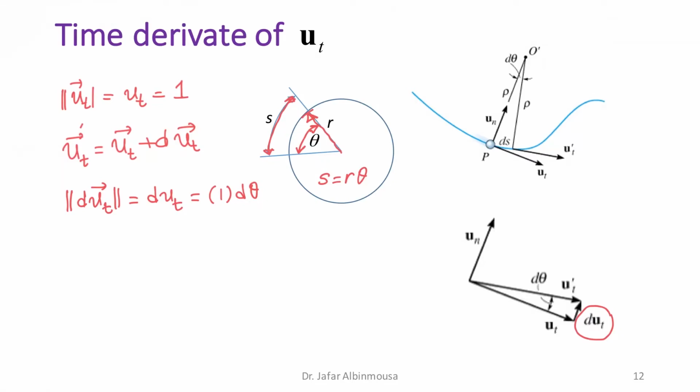Using the same analogy over here, the magnitude of du, which is the length, is equal to the radius, and the radius here is the magnitude of u_t, multiplied by the change in the angle.